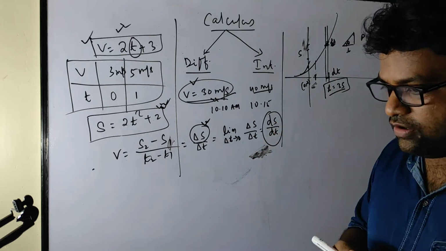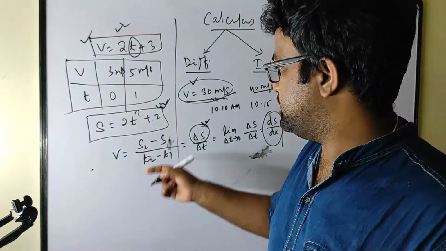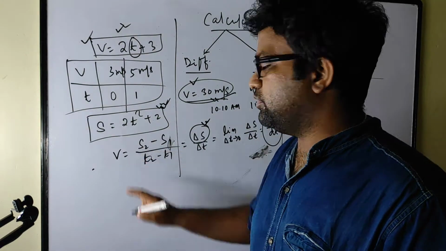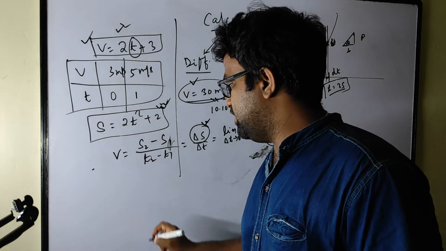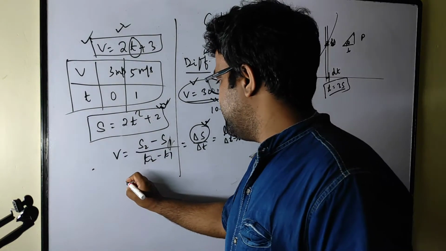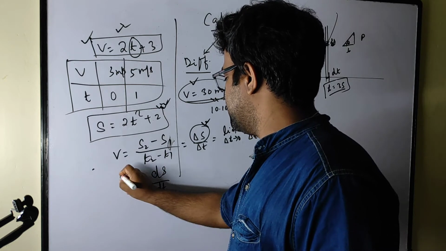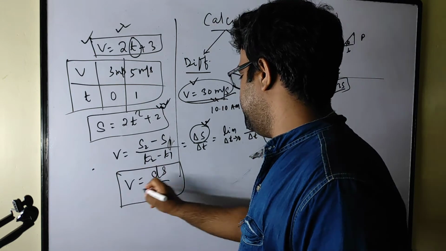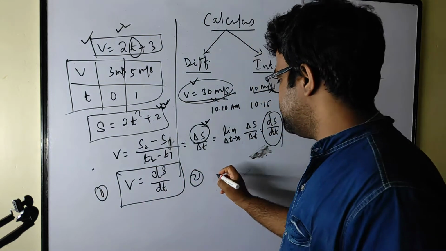If s is given as an expression, how can you calculate velocity? We got that velocity is ds by dt. So remember this formula, number 1: velocity is ds by dt. Number 2 is acceleration. How do we write acceleration?